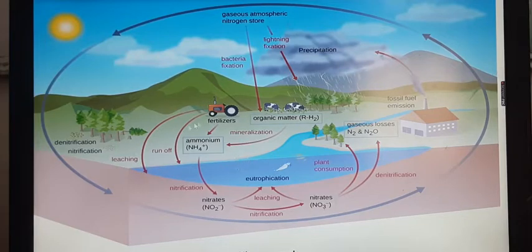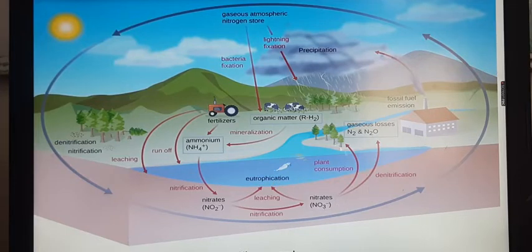So it gets converted into ammonia. Then ammonia by nitrification gets converted into nitrates. Then by the process of eutrophication or by the process of leaching, it gets percolated into the water bodies.